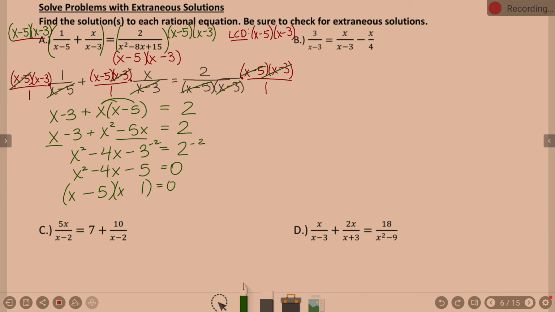Minus 5, plus 1. Once you factor, what do we do? Set each part equal to 0. x minus 5 equals 0. x plus 1 equals 0. What do we get for answers? x equals 5. x equals negative 1.